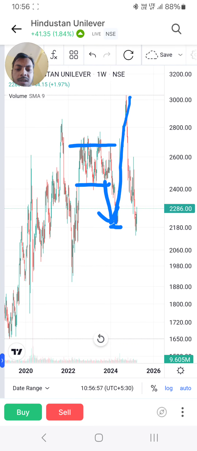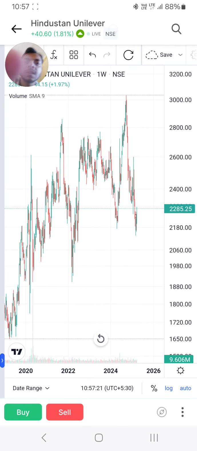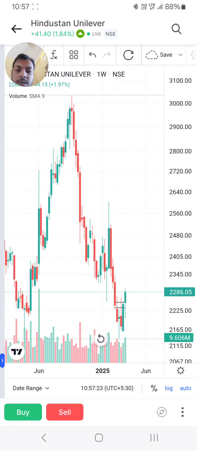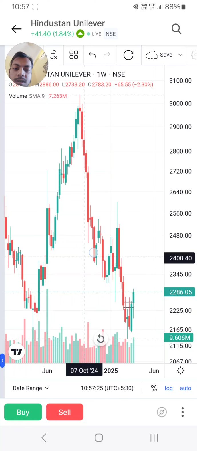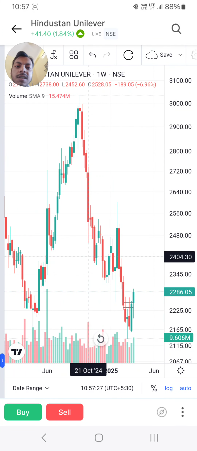This was somewhere around 24th September of 2024. From there it came crashing back down. Around 2500 there was a slow earning, the results were not good, and sometime here, I guess this one, there was a 5% fall in a day.